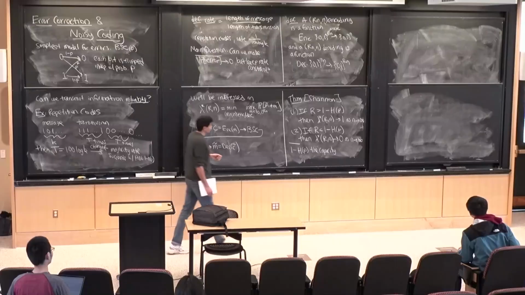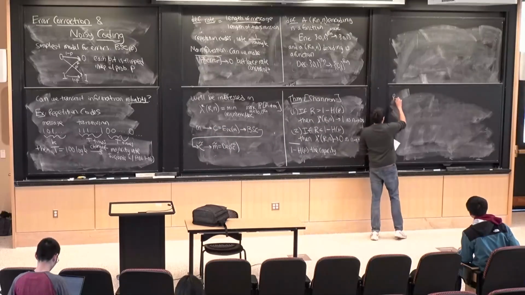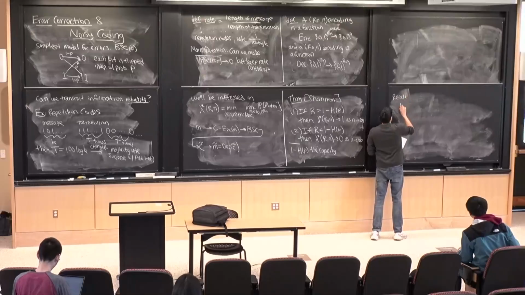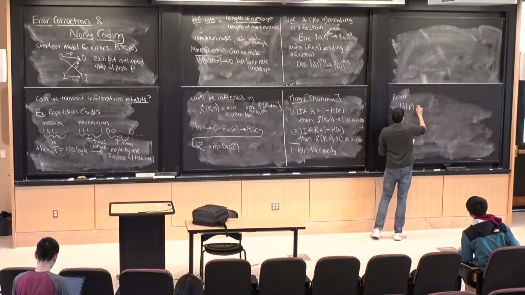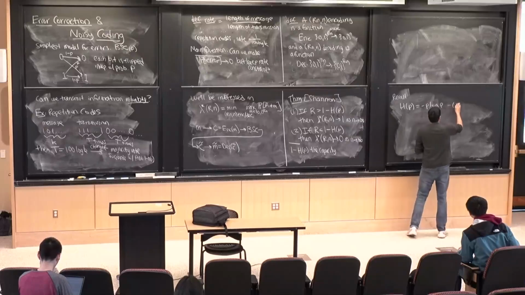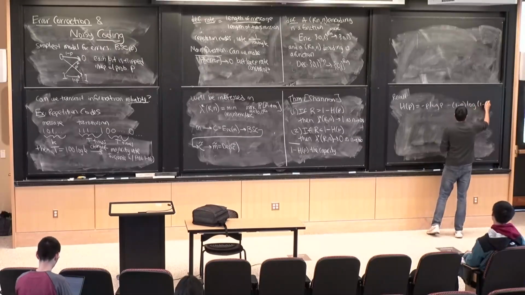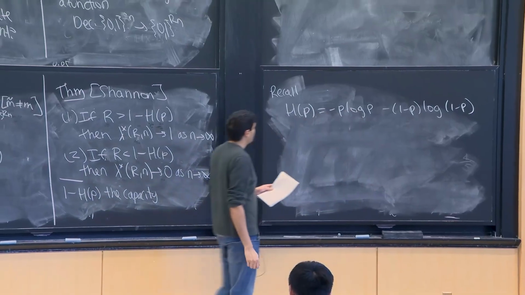So, I told you h of p is the binary entropy. So recall that the entropy of p is just minus p log base 2 of p minus 1 minus p log base 2 of 1 minus p. Okay?